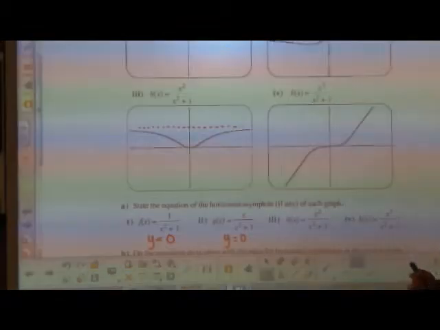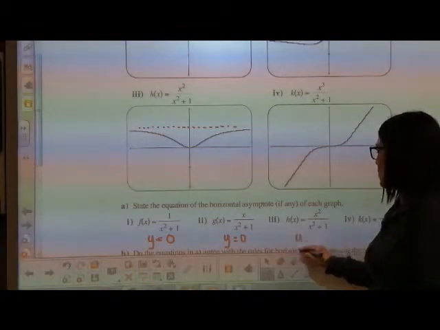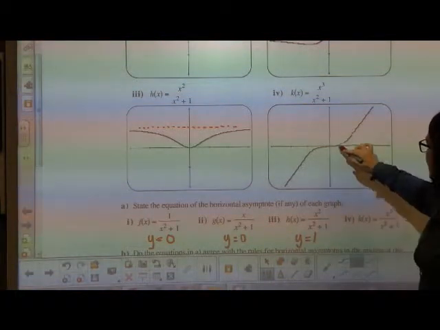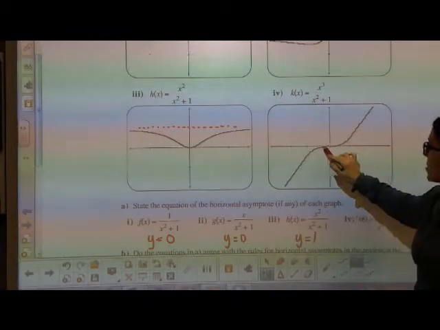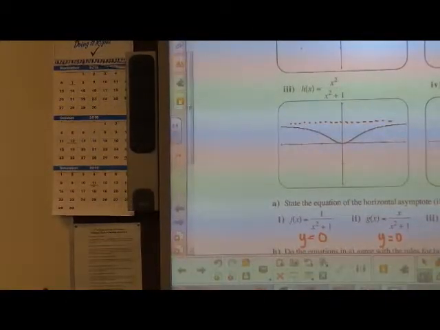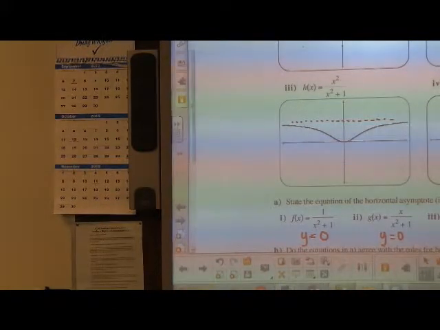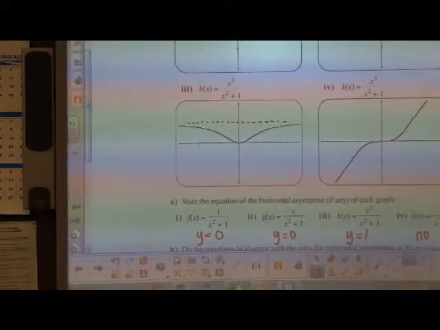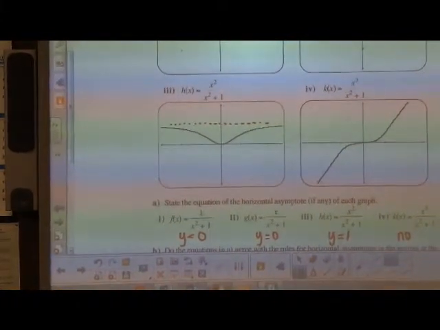Right there, which would be the equation y equals 1. And then for number 4, k of x, does it look like I have a horizontal asymptote? No, because this just keeps getting higher and higher. This gets lower and lower. So it does differ from this graph. So this last one has no horizontal asymptote.